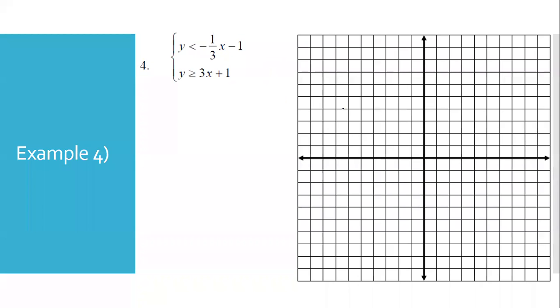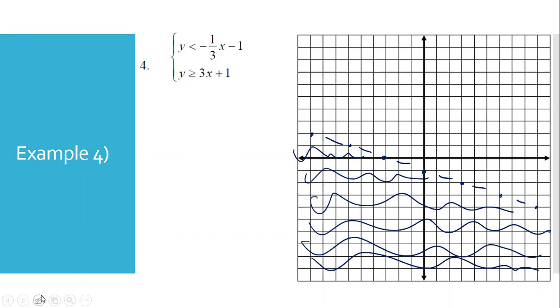All right. So for this one, you should have started at -1. And your slope, it's down 1 and then right 3. Okay. And it should be a dashed boundary. And it should be shaded below. So that's what you should have gotten for the first piece.